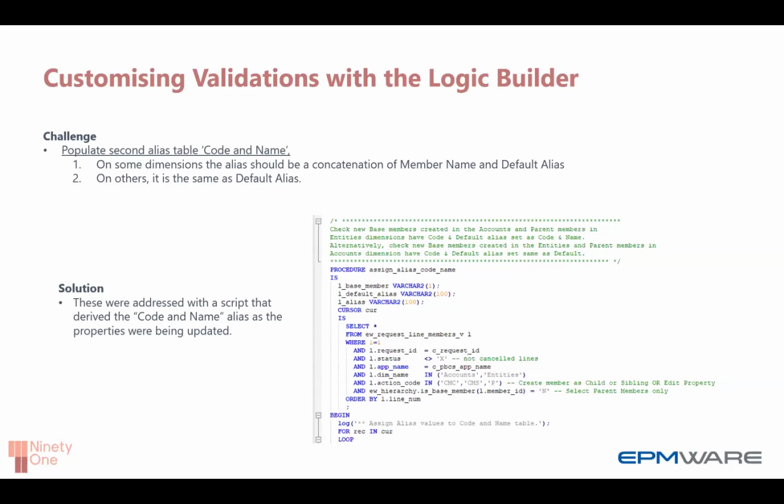Now, this particular requirement could be met by using a logic script that was triggered when the alias name was edited or entered, such that as soon as the save was performed on the alias, the script executed in the background to populate the code and name alias in the required format according to the dimension. However, there was an additional twist and challenge to this particular requirement.